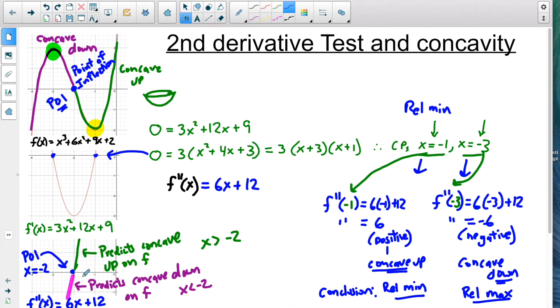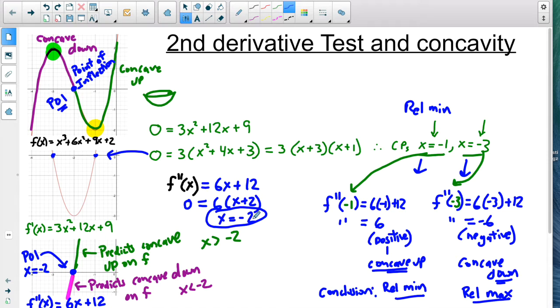And by the way, this breaking point where it's neither, where concavity changes, which is what we call a POI, a point of inflection, you get that by setting the second derivative equal to 0. I'm going to GCF here. You can see that it happens at x equals -2, which is exactly what we expected from the original graph. So that's how you find a POI.